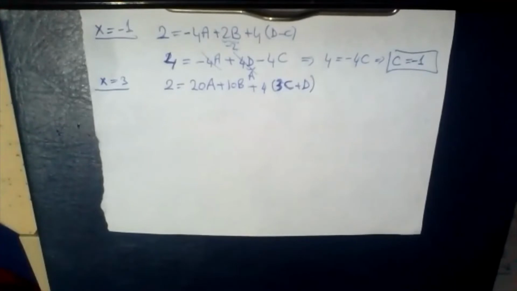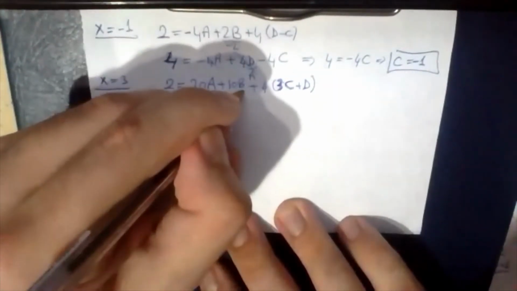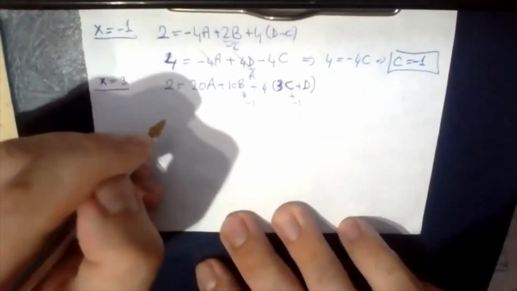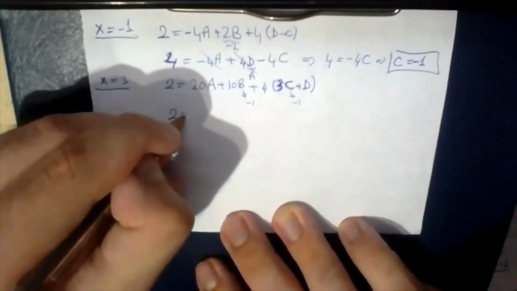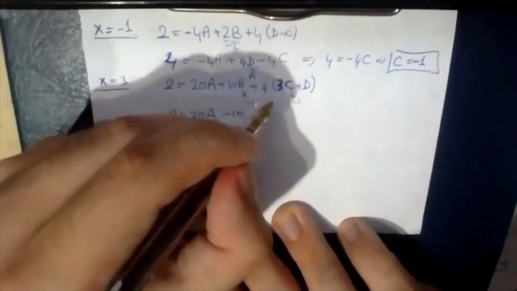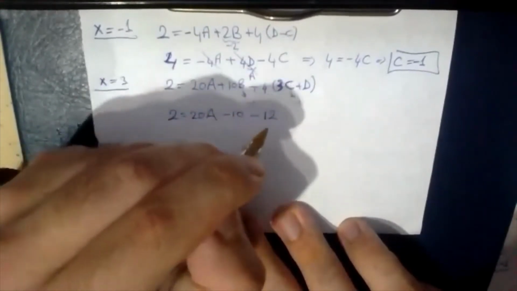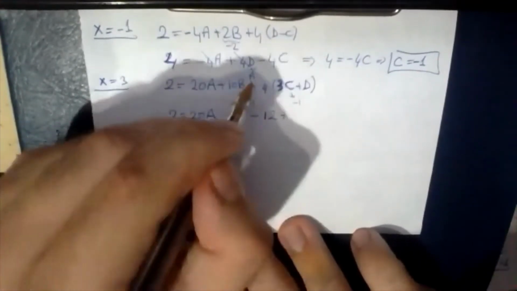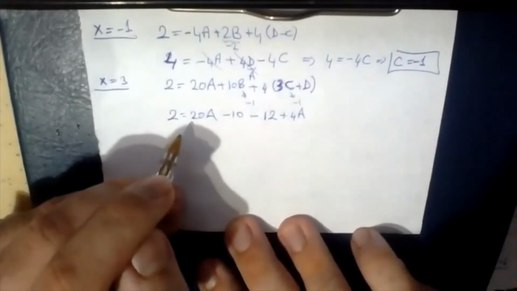But we already know the values of b and c. They are minus 1. So when we replace them in their place, 2 is equal to 20a minus 10 minus 4 times 3, which is minus 12, plus 4d. But d was equal to a, so it is plus 4a.